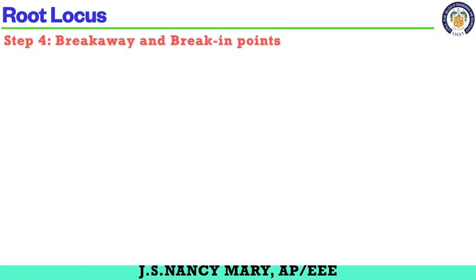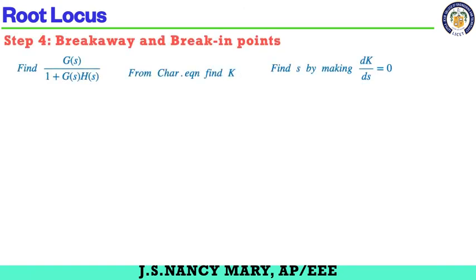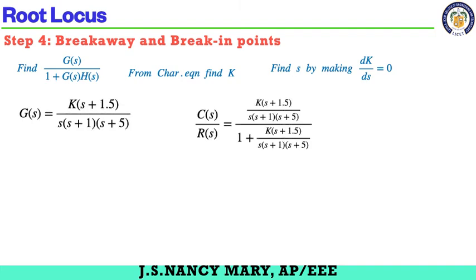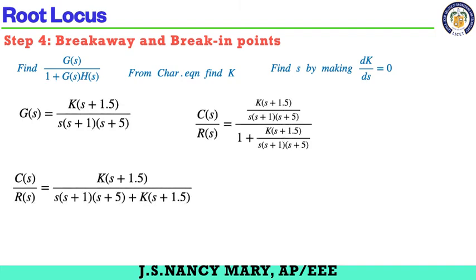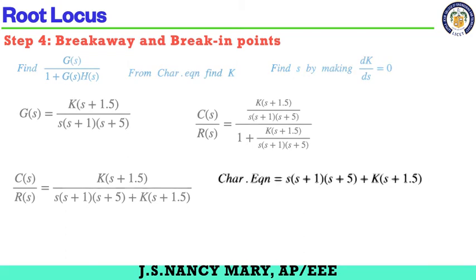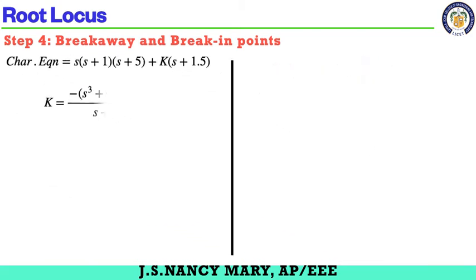Now let us move on to the fourth point, that is breakaway and break-in point. For that you know that we need to find 1 plus GH. So write all the expression here, substitute it, and you will be getting the characteristic equation like this. Okay, now take the characteristic equation, find out K from that, differentiate with respect to s.